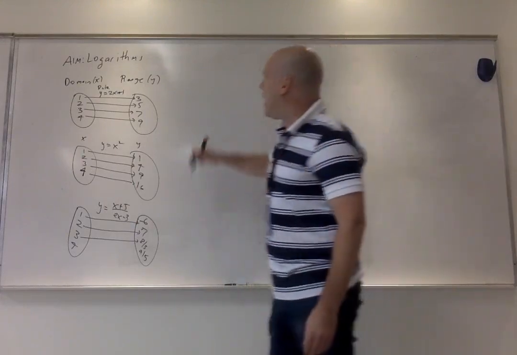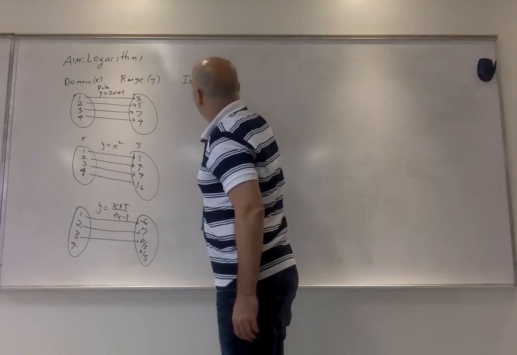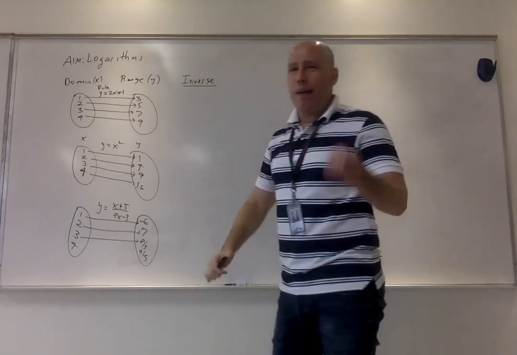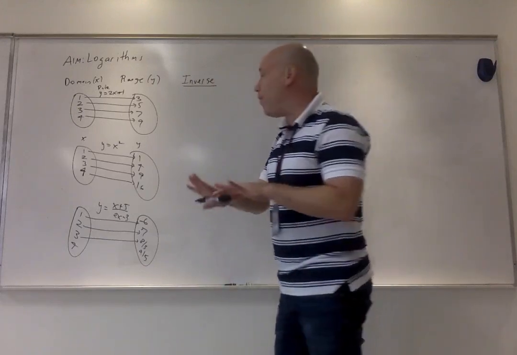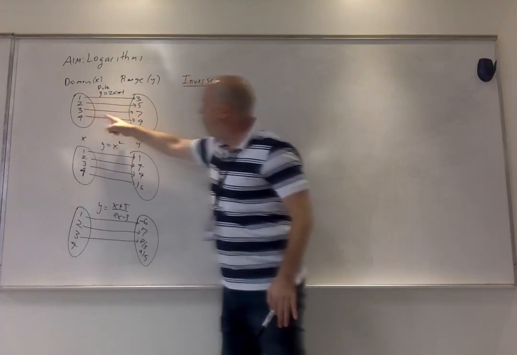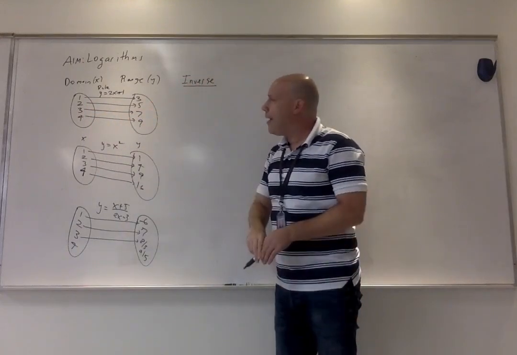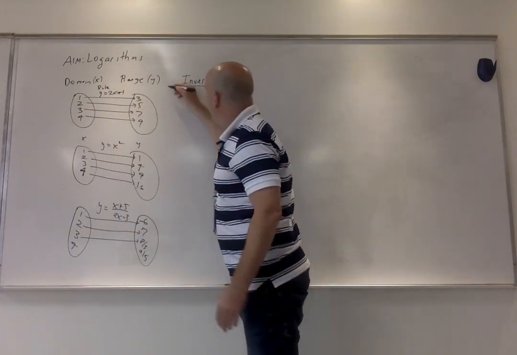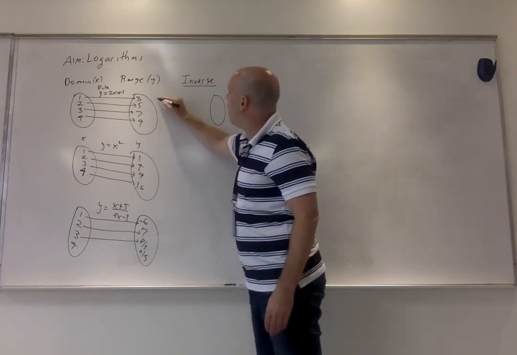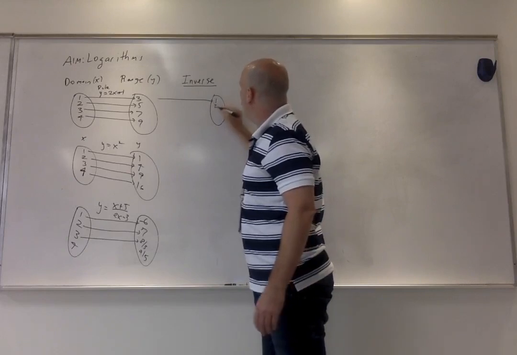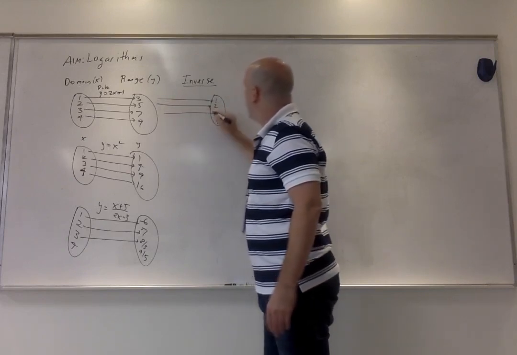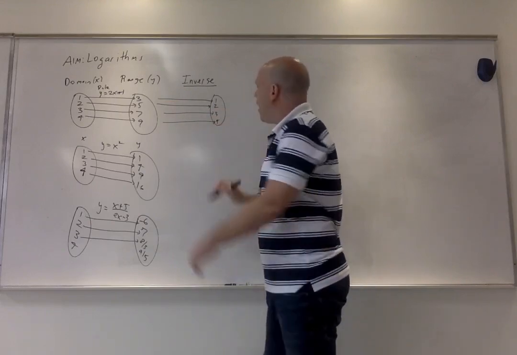Now, one of the topics with functions was something called the inverse. The idea behind the inverse is very simple. If there's a rule that takes 1, 2, 3, 4 to 3, 5, 7, 9, what's the rule that takes 3, 5, 7, 9 back to 1, 2, 3, 4? How do we get it back?